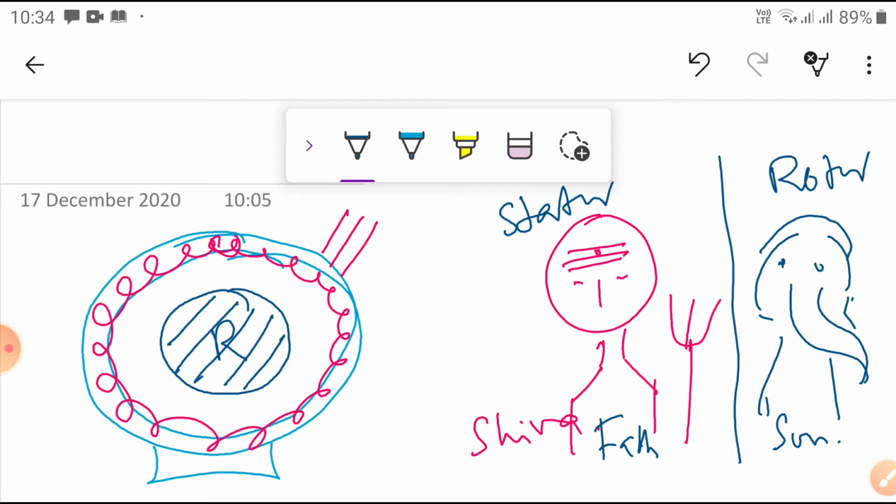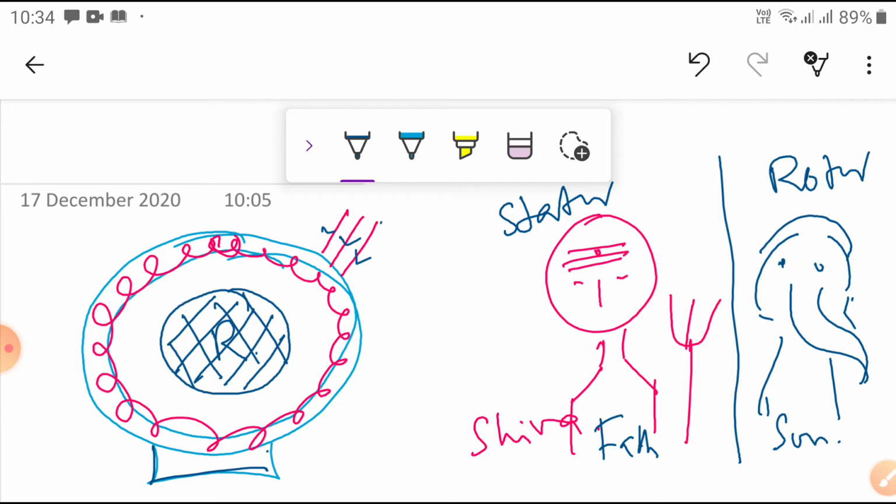Now the rotor is initially in a stationary position, and the stator is also in a stationary position.